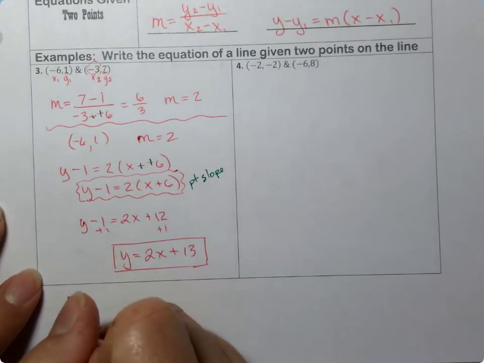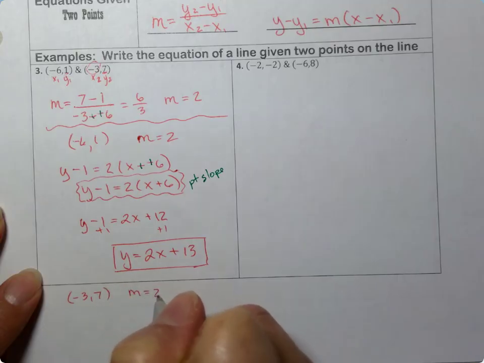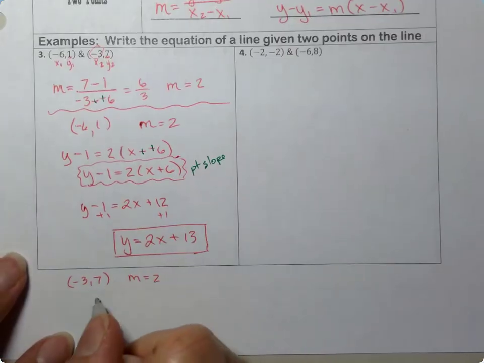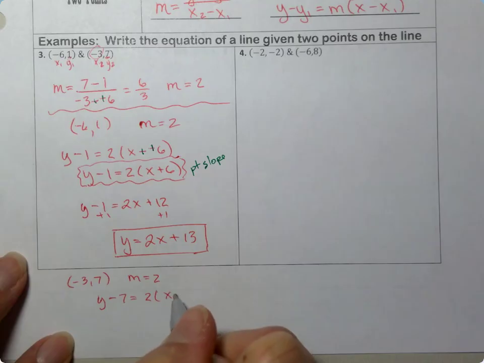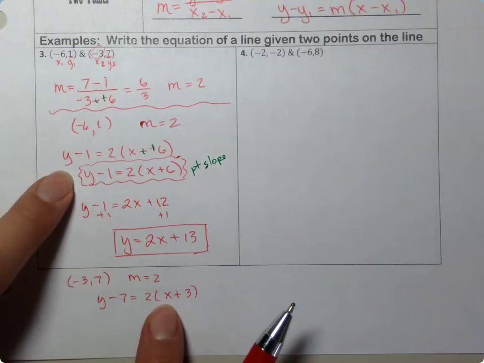Let's say someone else picked the point negative 3, 7. Isn't that the other point? If someone, you don't have to do this, but I just want to show you. If someone picked the other point, you would have y minus 7 equals 2 times x minus a negative 3, so plus 3. This point slope would be accepted. It's different, but it's equivalent.